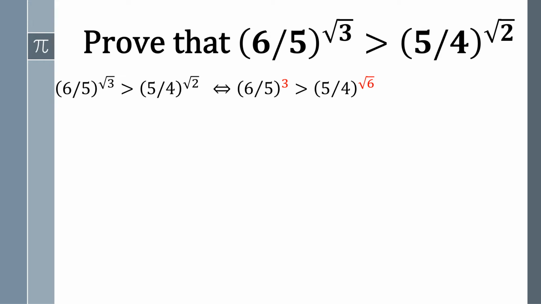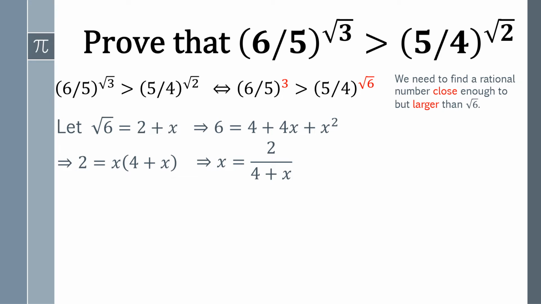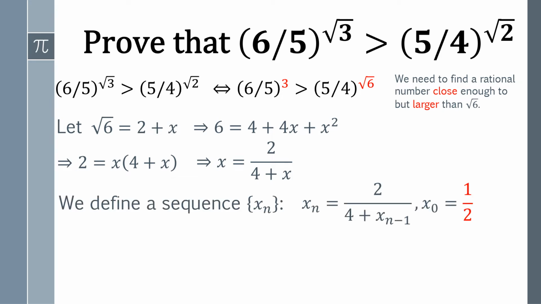At the next step, we need to find a rational number close enough to but larger than √6. To do so, we will use the iterative method by letting √6 be 2 plus x, and after a few steps, we have x equals 2 over 4 plus x.